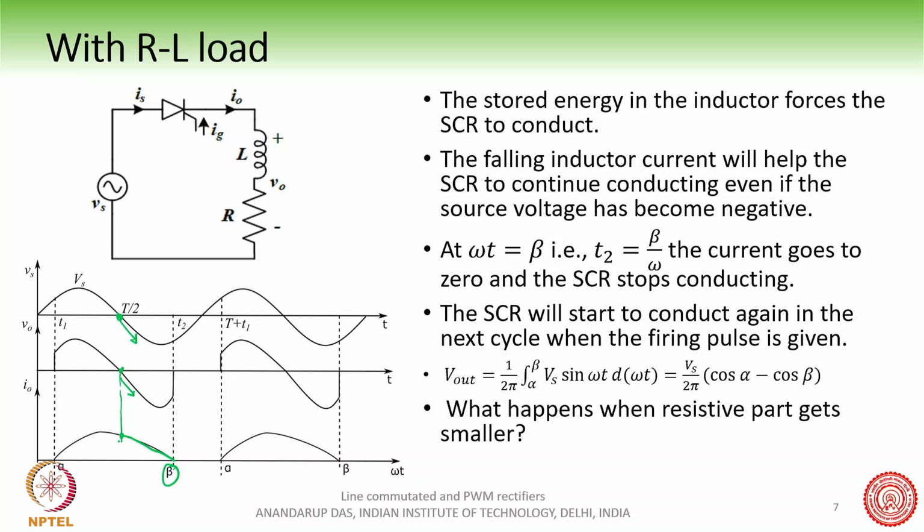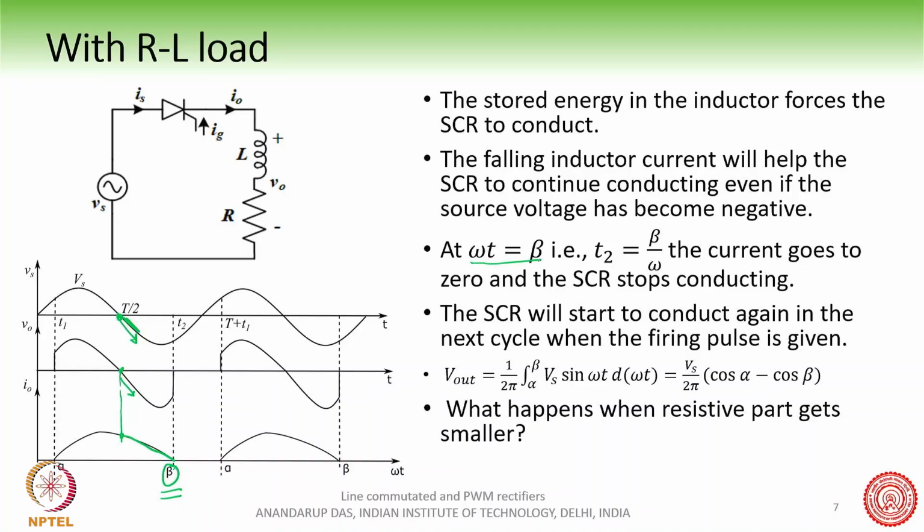That stored energy will force the current to continue, and it will force the SCR to conduct in spite of the fact that the source voltage has gone negative, till the point beta is reached, where the stored energy in the inductor becomes equal to 0.